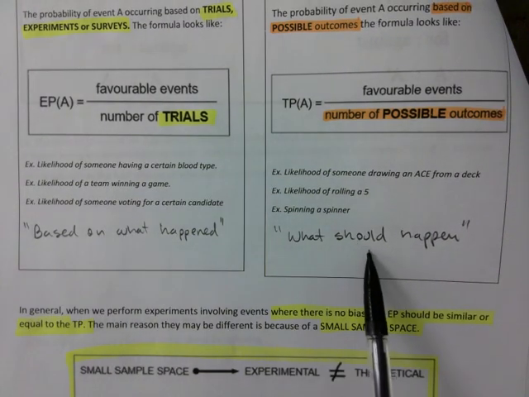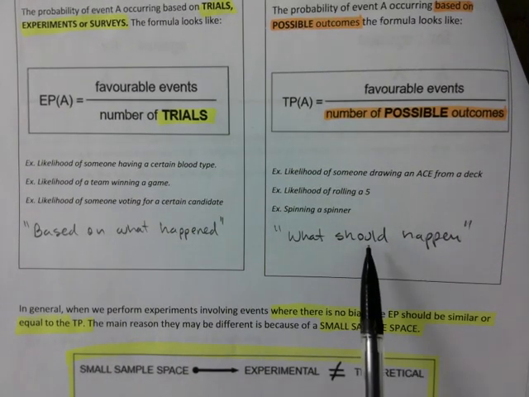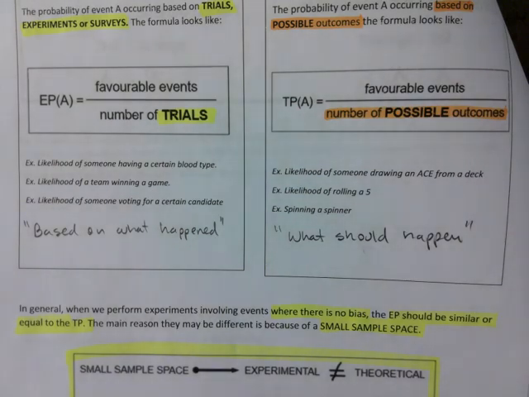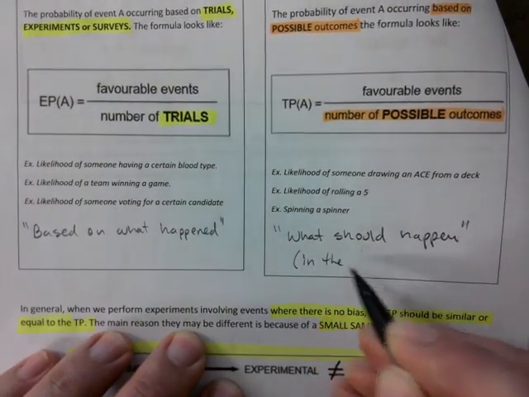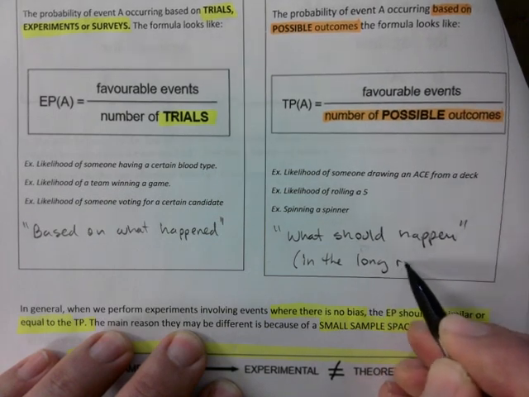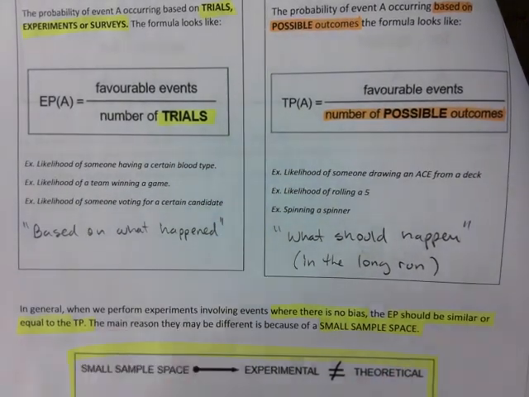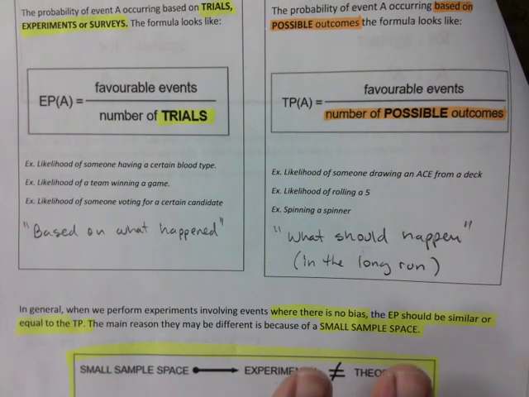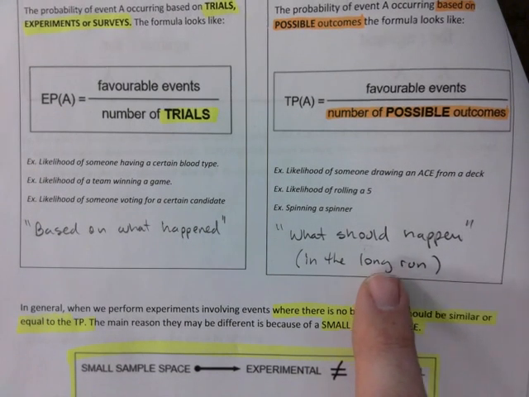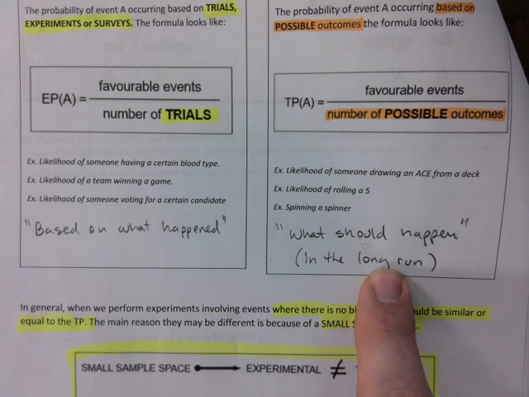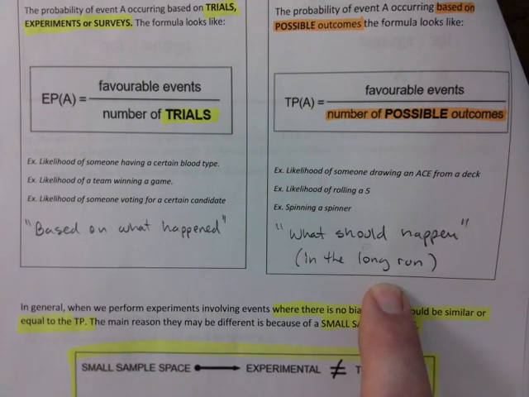This one is what should happen in theory. I will say this, in the long run. In the long run, this is what technically should happen. It's not like it should happen, like we hope so. No. In the long run, if you kept on doing that experiment, you should get this. Okay.